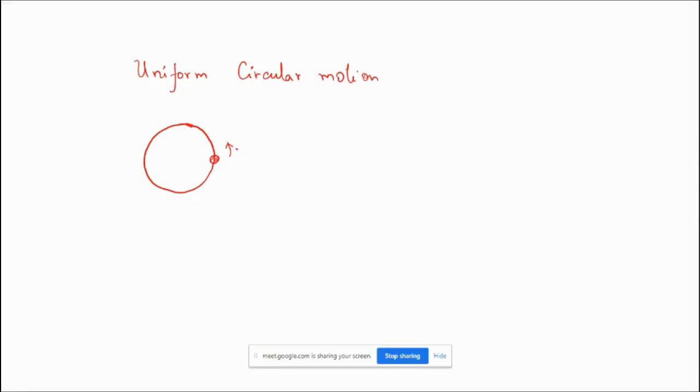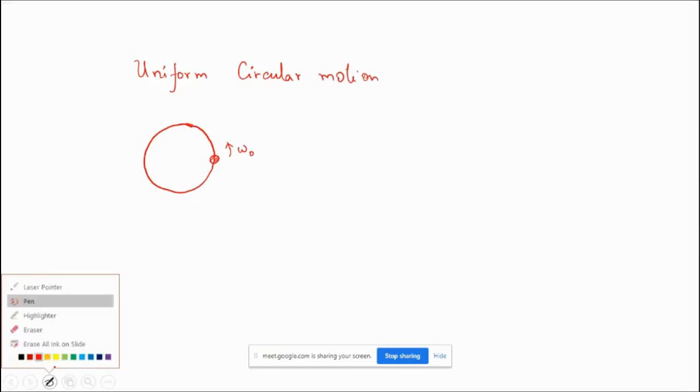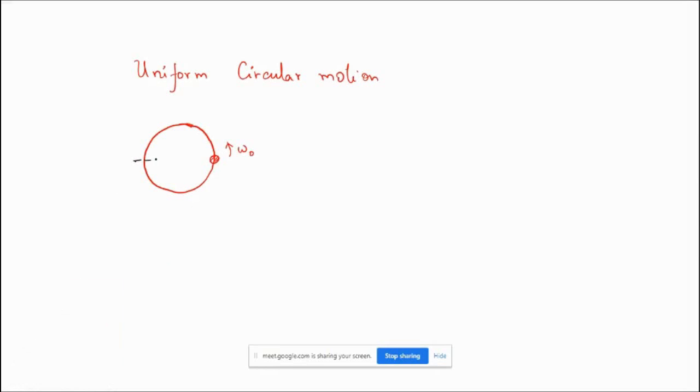The angular velocity of the bead is omega naught. Let this be the x-axis with the origin fixed at the center of the circle.